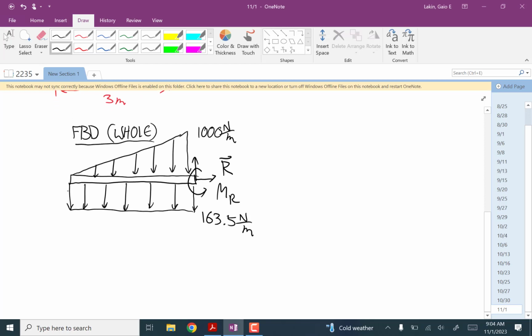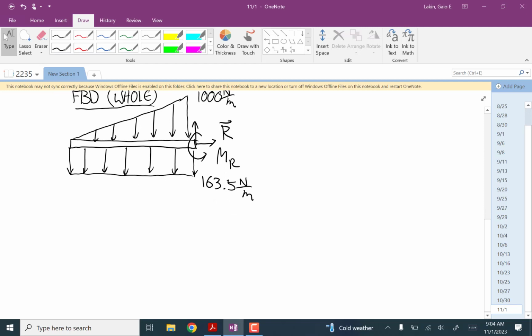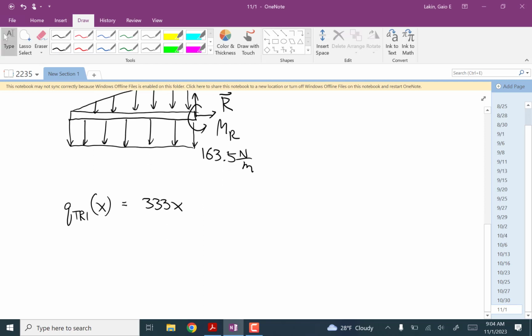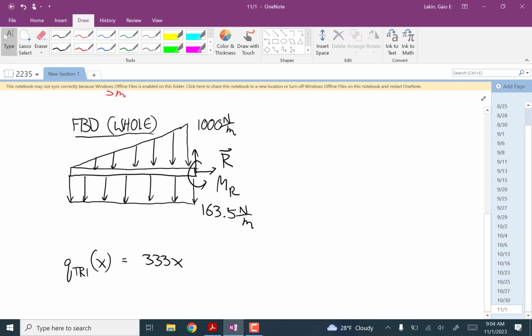And so this is 2 distributed load functions. The first one, the triangular, as a function of x, is 333x. That's just the y equals mx plus b equation for that line of the top of that triangle.